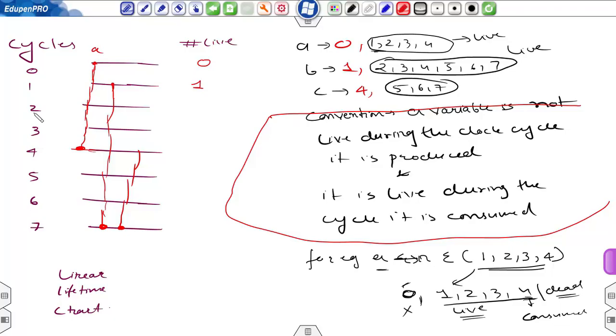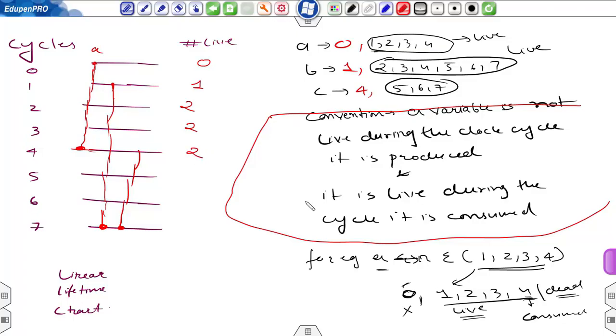During the second cycle, these two are live, so live variable is 2. During the third cycle, lifetimes of two variables, that is A and B, are overlapping, so again 2. At this point, A is consumed and B is alive, so total is 2.